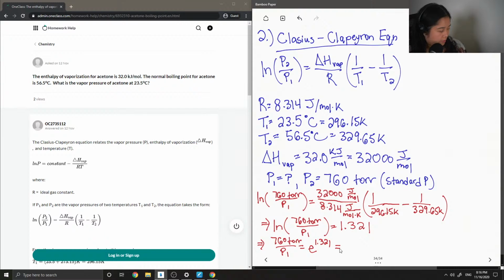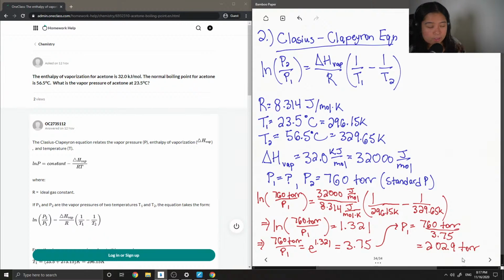Solving for that, it is 3.75. Then I'll write P1 is equal to 760 torr divided by 3.75, and this gives us a pressure of 202.9 torr.